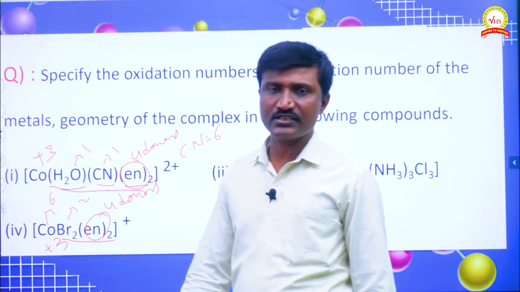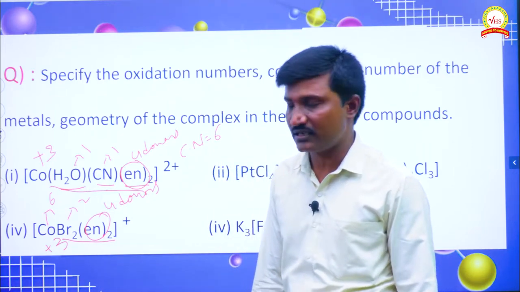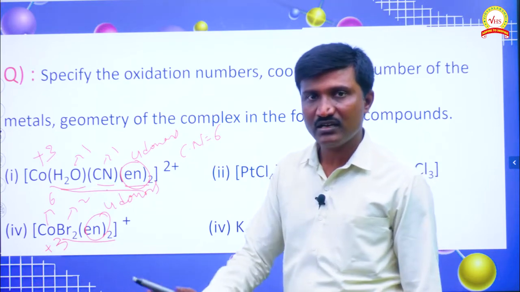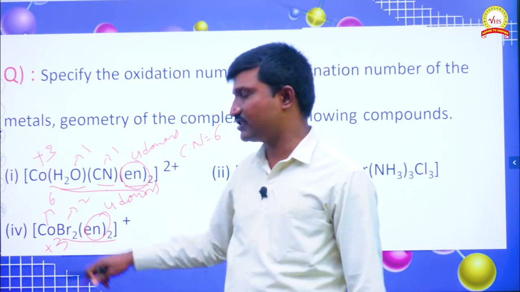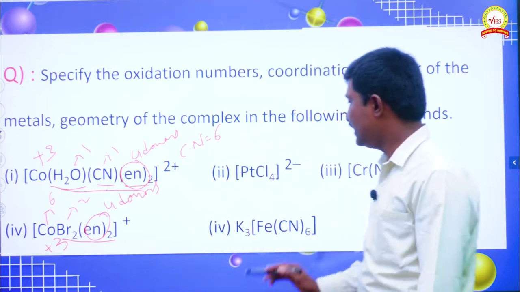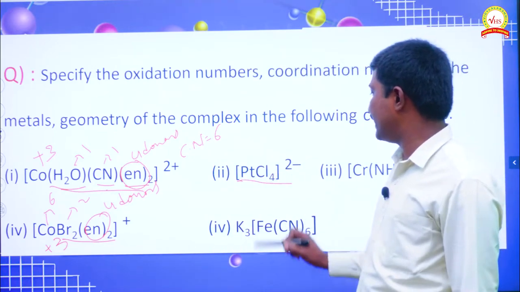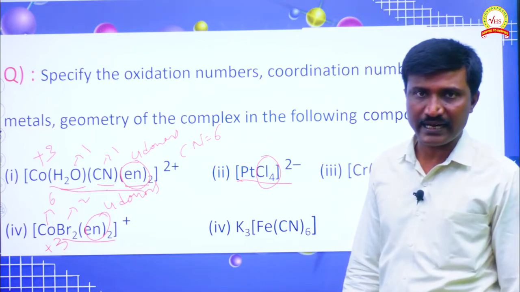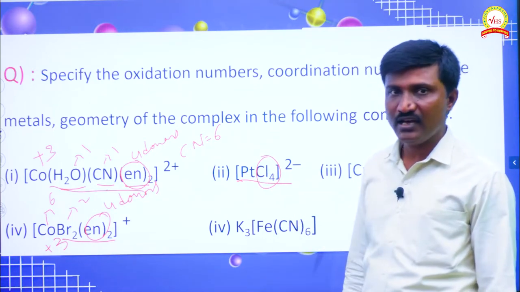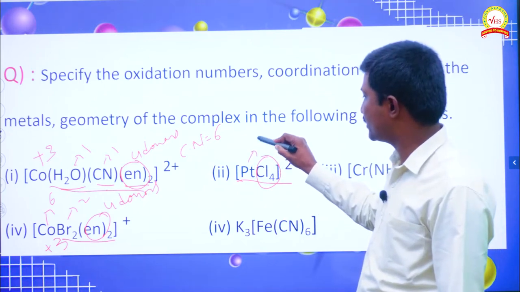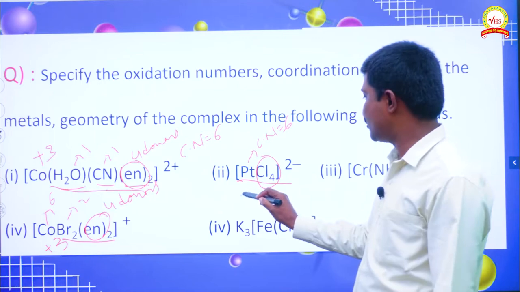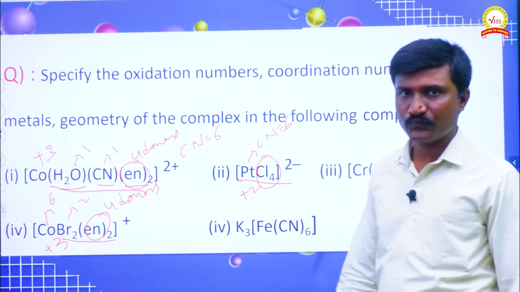I told you the oxidation number of a specific metal in a complex compound is always constant; it never changes. Here plus 3, here also plus 3. In this complex compound, 4 chlorines are binding and chlorine is a monodentate ligand, so 4 donor atoms are around the platinum. So the coordination number is 4, and the oxidation state is plus 2.